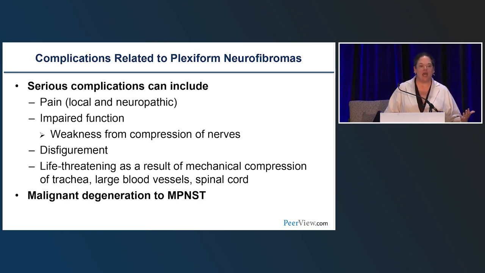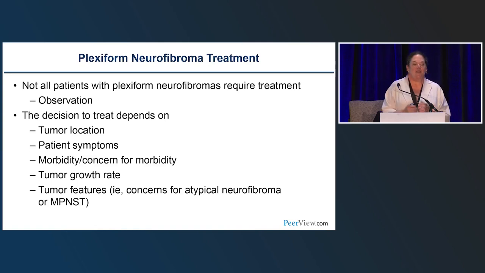They are benign tumors, but they clearly can cause both local and neuropathic pain. They can impair function, whether that's compression or infiltration of the nerve, clearly can cause disfigurement, and can be life-threatening if you have mechanical compression of the trachea, large blood vessels, spinal cord, and they carry a very clear risk of malignant degeneration.